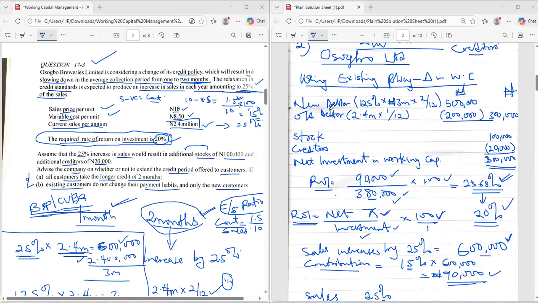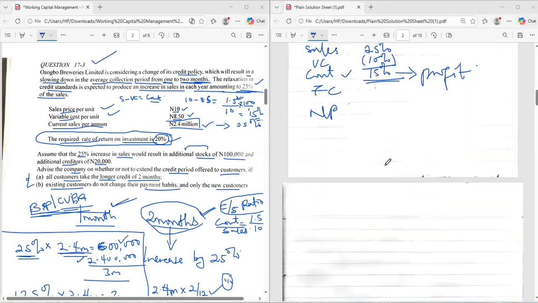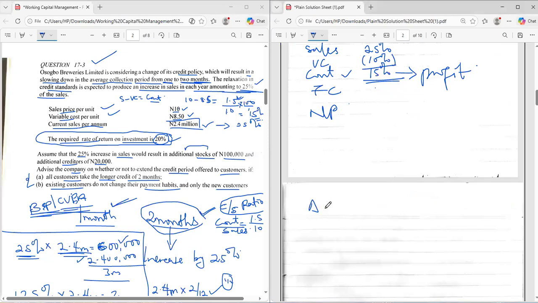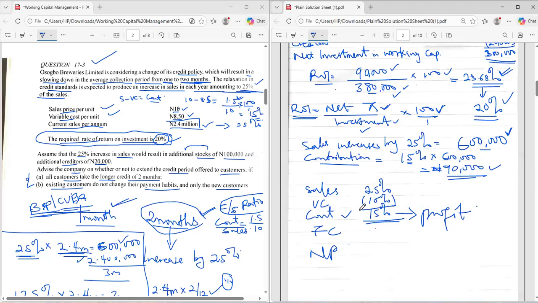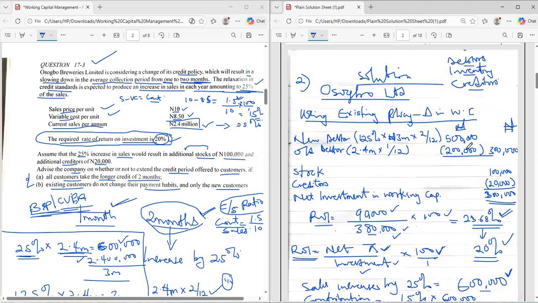All right. So we have done it using the existing policy. Now let's do the change in working capital using the new policy. We started from debtors.